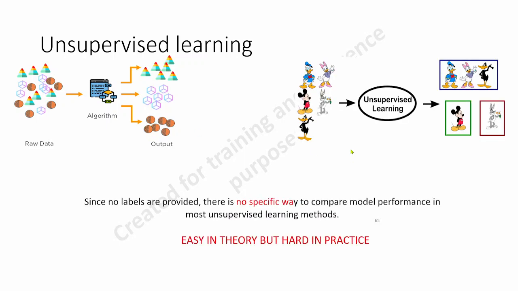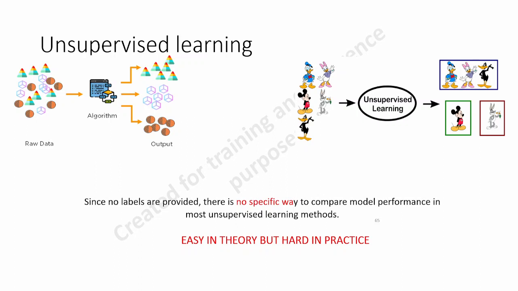And that's the objective of unsupervised learning. This is pretty hard in terms of implementation. It is easy to understand, but when it comes to machine learning, implementation of an unsupervised model is very difficult.